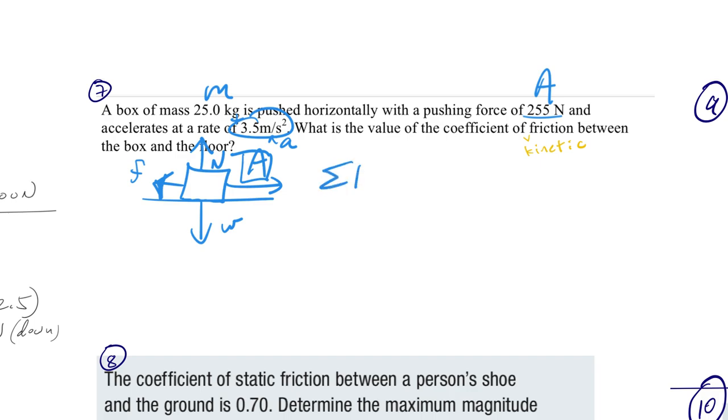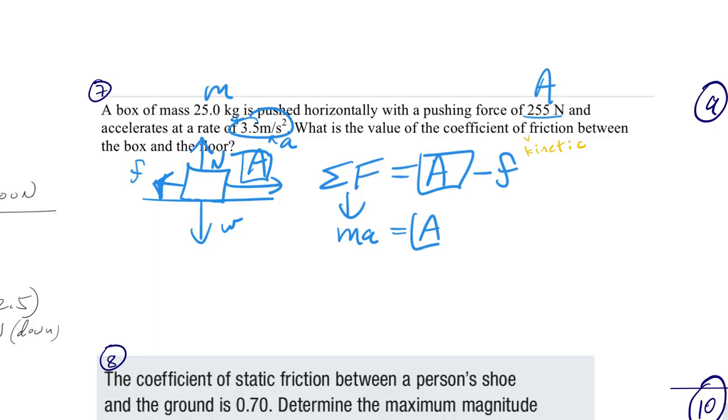So let's write my two equations. F net equals big A minus little f. And then let's just do two birds with one stone. F net is MA equals big A minus friction.